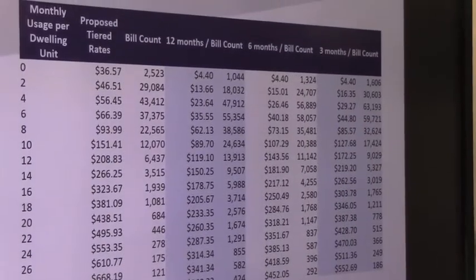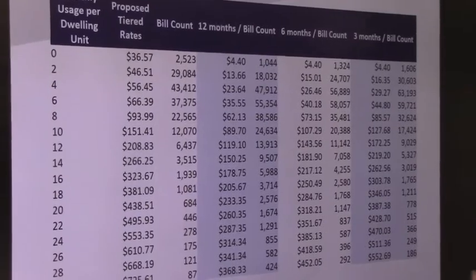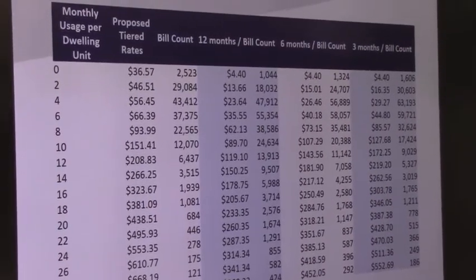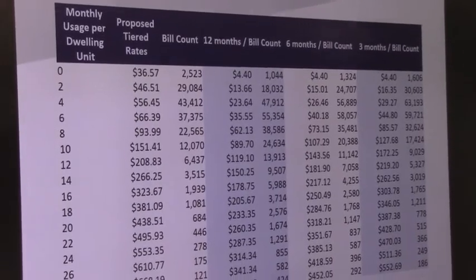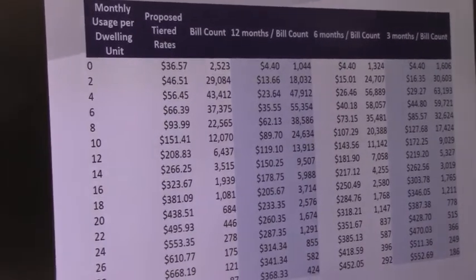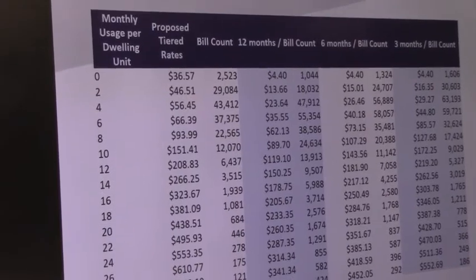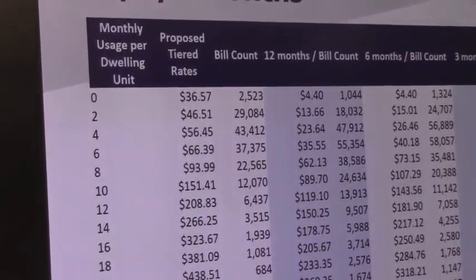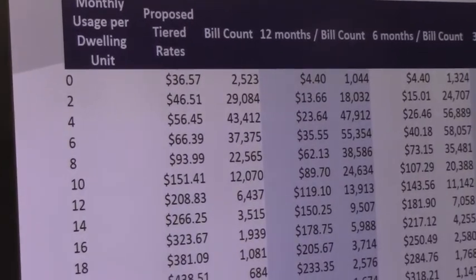This is not fixed at all now. See, this is where he's got the bill counts. I think he's estimating how many customers fall in each category, and you can see that the majority of the customers are definitely in that 4 to 8 unit range probably.